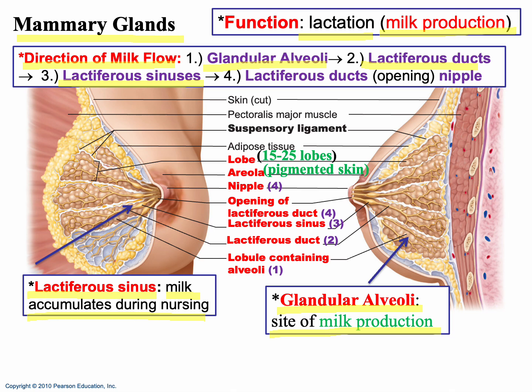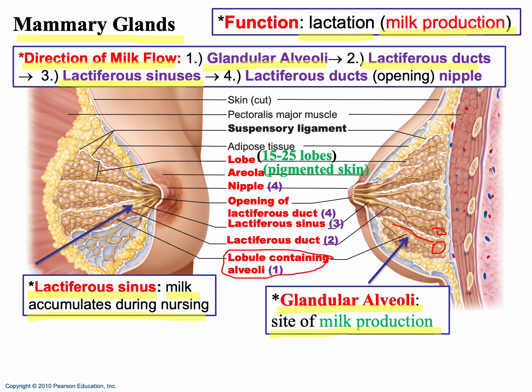So we can literally draw that out here. The granular alveoli are in the brown here. And if we're just talking about one little area, we talk about the lobule containing alveoli. So these structures here, all in the brown, for example, are the granular alveoli where milk is produced.